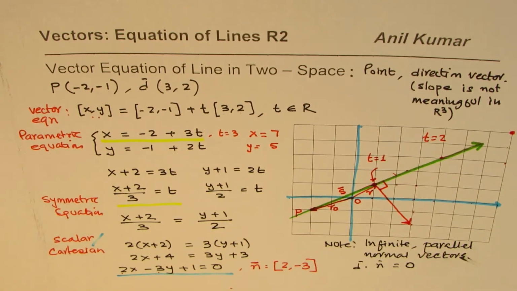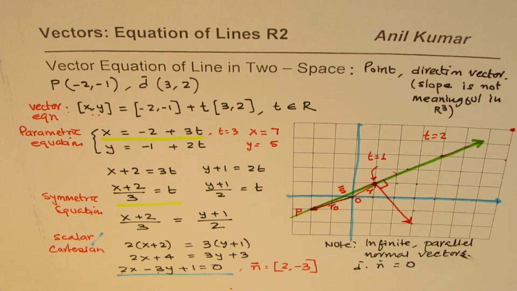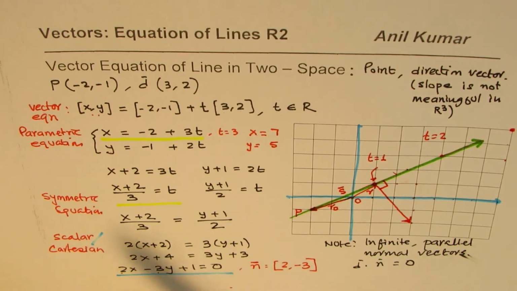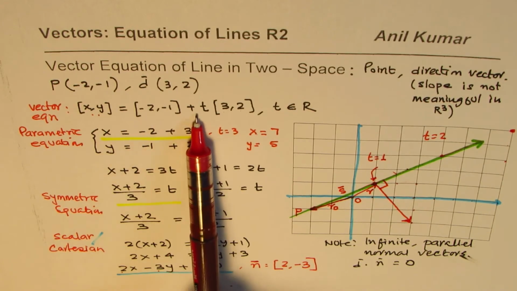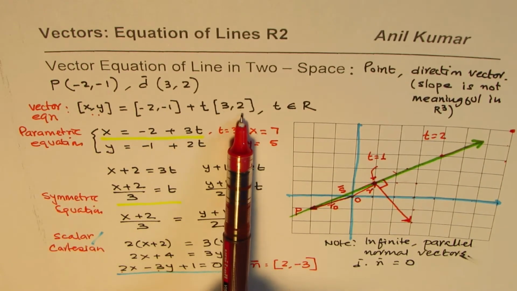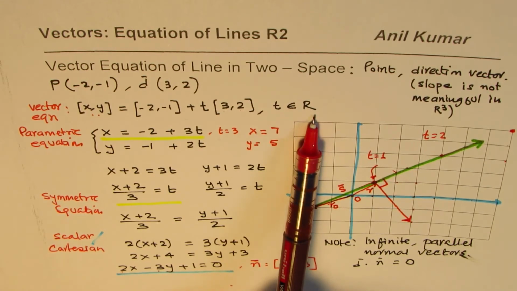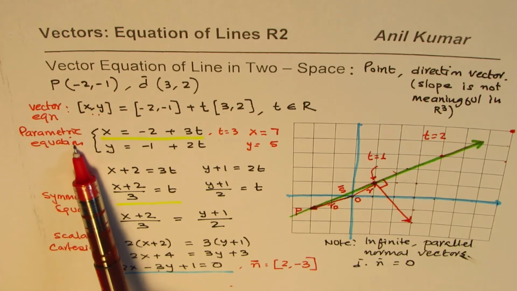But anyway, in this particular video, what you have learned is a summary of the whole chapter where we're discussing equations of lines. Given a point and direction, you can write the vector equation: point plus parameter times direction, where the parameter can take any real value. If you write x and y separately, you get the parametric equation.